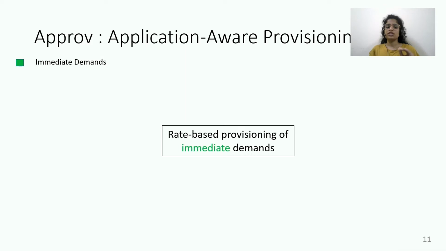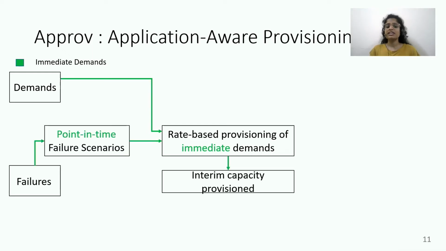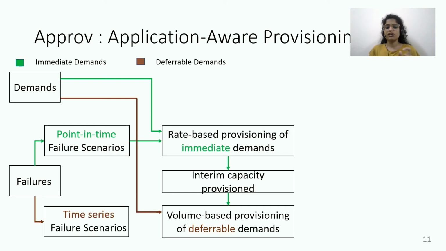For immediate demands, we do provisioning using the existing capacity provisioning approach of rate-based provisioning, which takes as input the immediate demands and the point-in-time failure scenarios, and gives as output an interim capacity plan that should be able to accommodate the peak of immediate demands during the simulated point-in-time failure scenarios. On top of this, we do provisioning for deferrable demands. And for deferrable demands, we use volume-based provisioning, which takes as input the deferrable demands and time series failure scenarios.